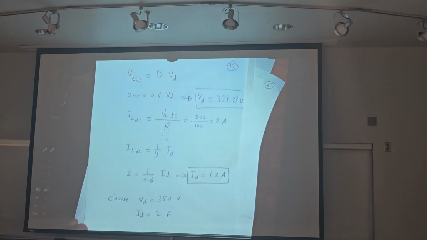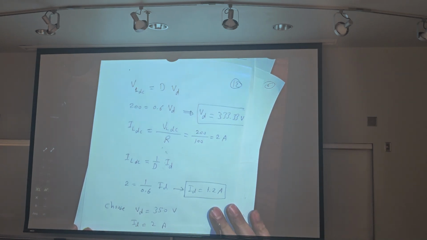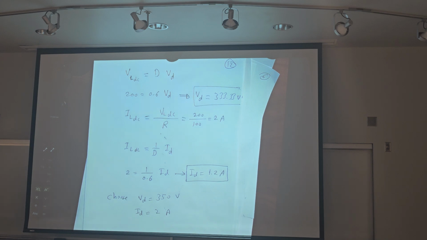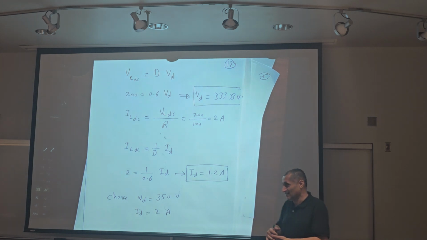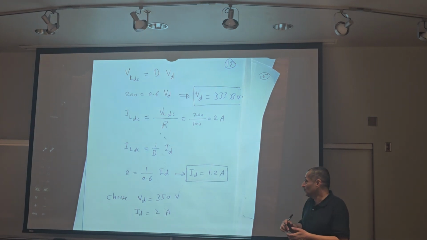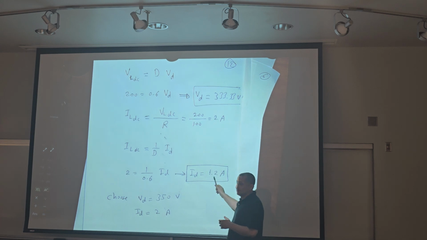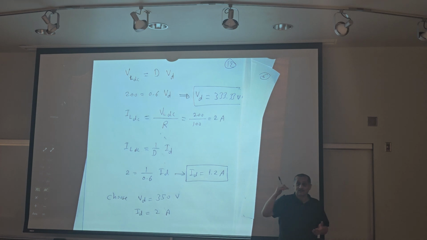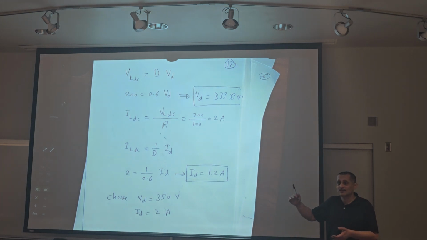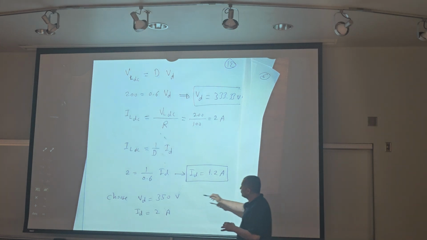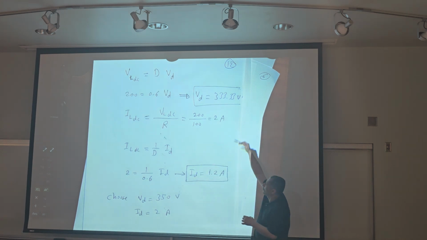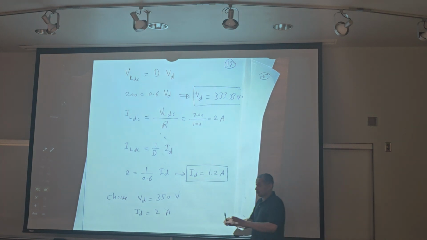You are a designer. Please select VD and ID more than the calculated value, not less. Why? Because if you select ID less than 1.2 or VD less than 333.33, maybe the load needs more power. So use VD and ID more than the calculated value because you are the designer.